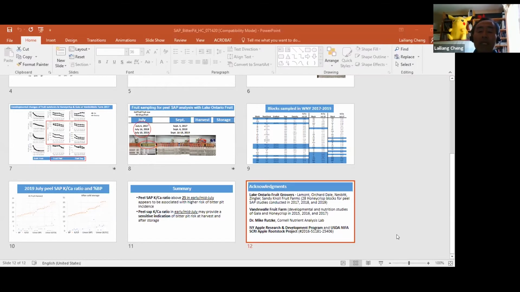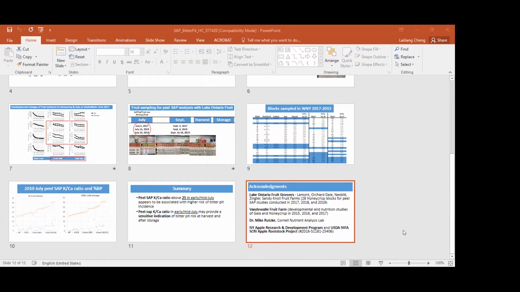Bitter pit is a complex problem, and it definitely requires a comprehensive approach, from all aspects. Nutrition is a big part of it, but other aspects as well, like crop load adjustment, tree vigor control, irrigation. All these need to be taken into consideration.